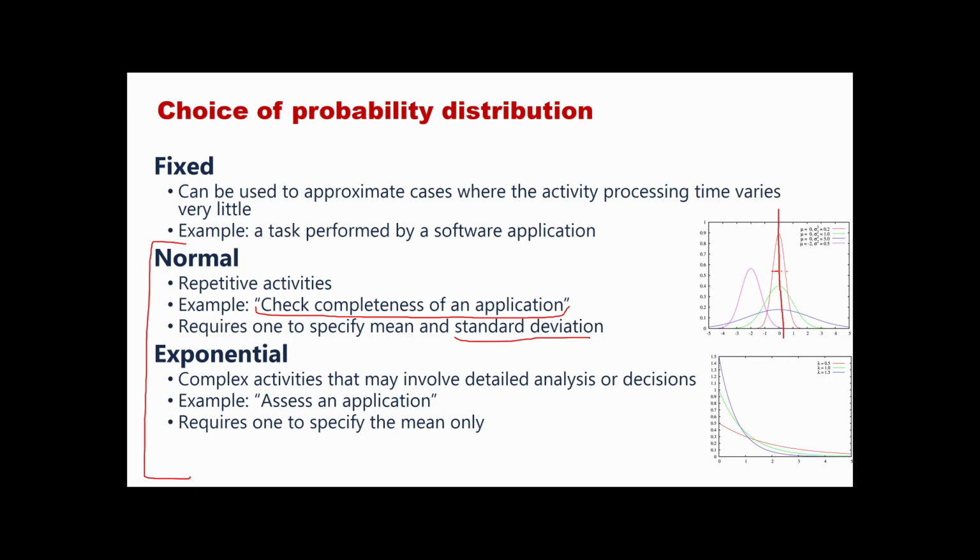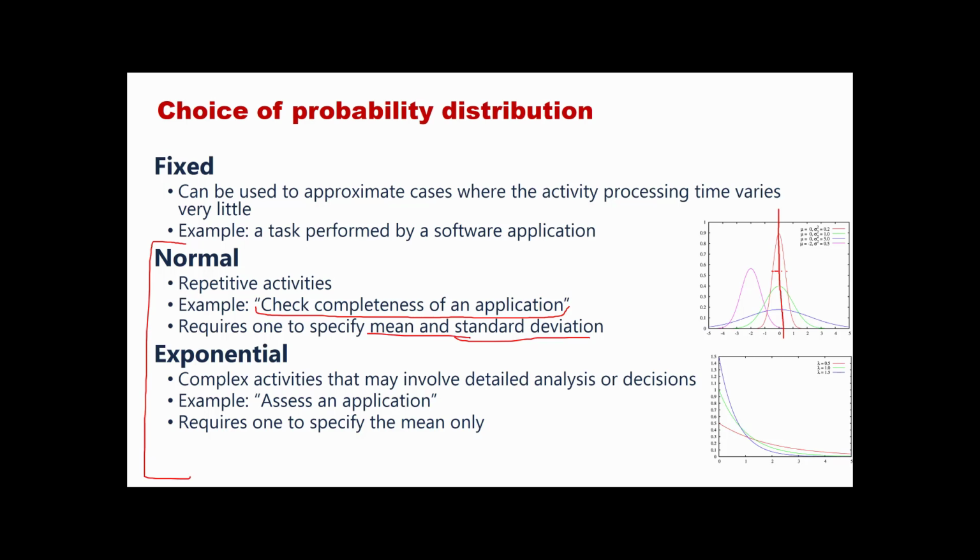Or you can take all the processing times you have observed, maybe through manual observation, just observing people working and taking notes in a notebook, or from an event log, and you put those values of processing times into a statistical tool that performs a so-called normality test. So you put a bunch of numbers and you ask the tool, tell me if these numbers follow a normal distribution. And the tool will tell you yes or no with a certain degree of confidence, and it will give you the mean and the standard deviation that best fits the data that it observes.